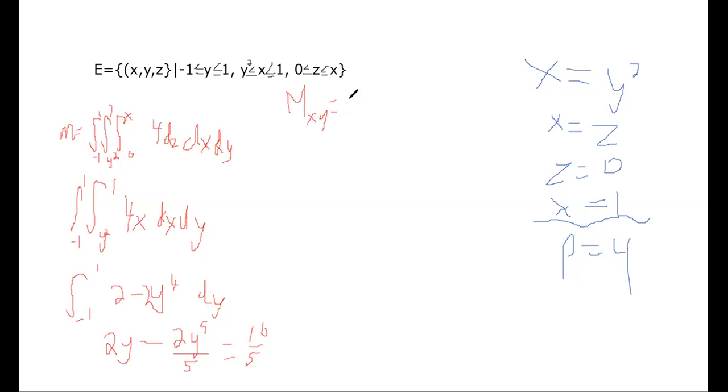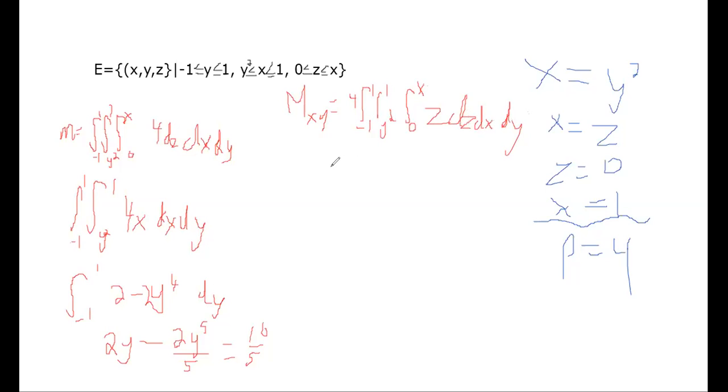I'm going to pull the 4 out this time just to make my life a little bit easier. So it's going to be the same exact boundaries, rather: y squared to 1, and then 0 to x. But now I've pulled the constant 4 on the outside, and now we're going to have z dz dx dy.